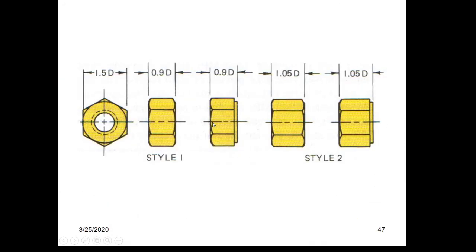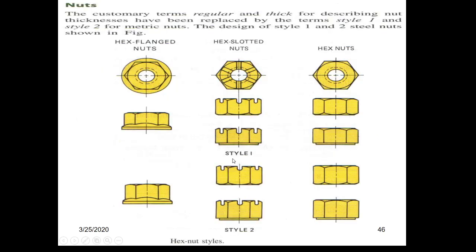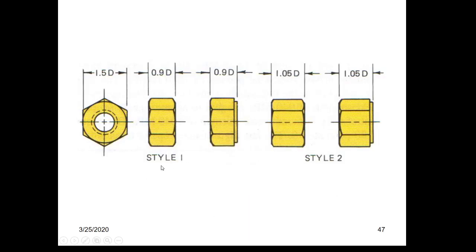Okay. If we use style 1 type nuts, then the thickness of the nut, you see, is approximately equal to the diameter of the threaded part of the bolt. Well, round this number to 1 and say that it is almost equal to the diameter.